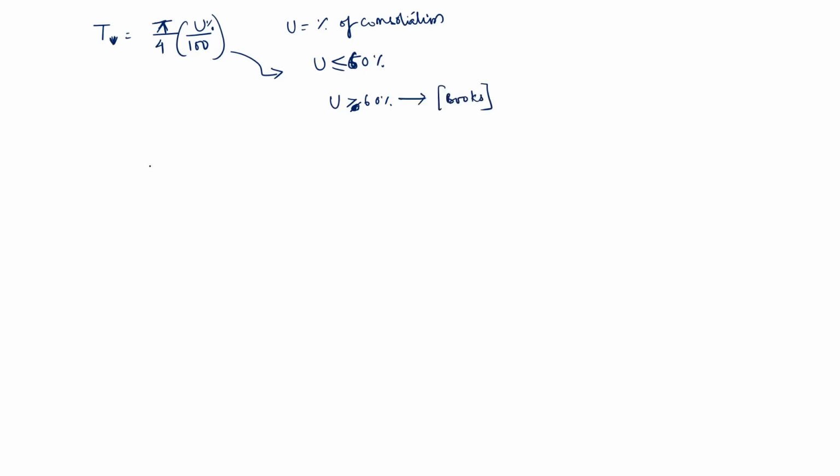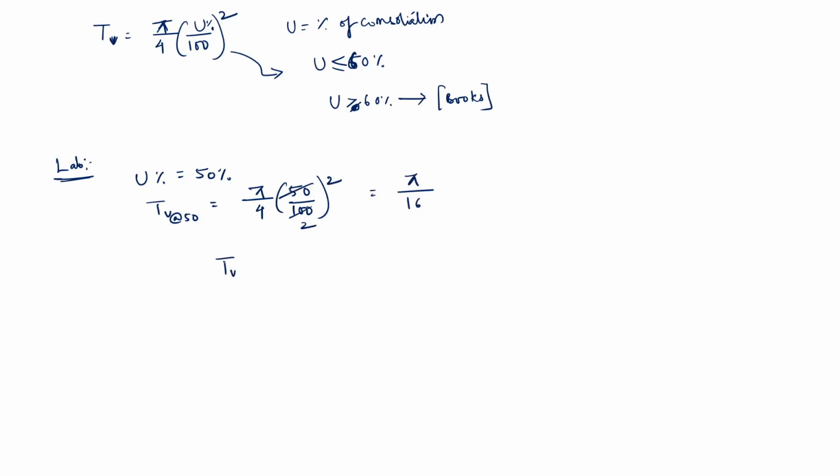Now here we will take the lab conditions. U is 50%, then we can find out TV at 50: pi by 4 into (50 by 100) squared, which is pi by 16. So TV is pi by 16.